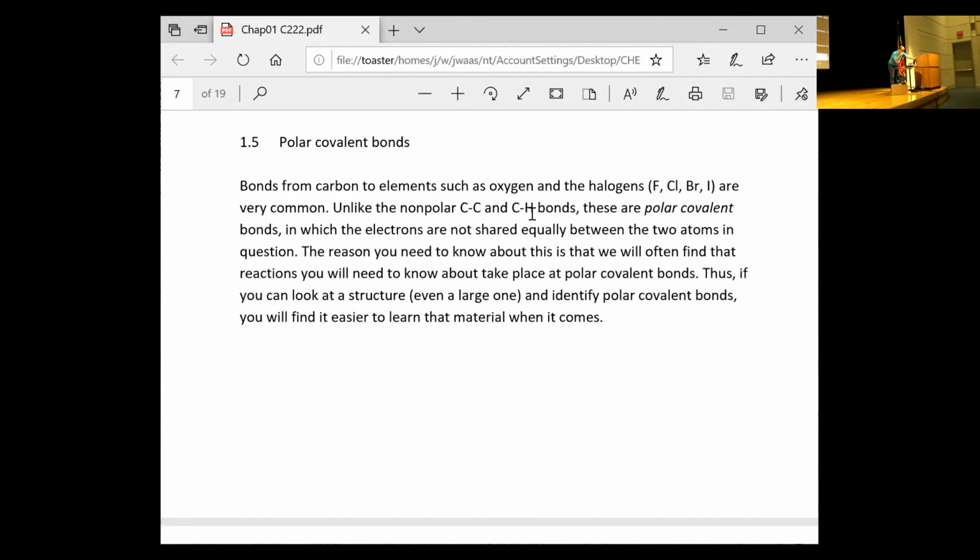So I don't think it's necessary to memorize exact electronegativity values. Now, that being said, I think being able to look at the periodic table and at least remember the trends for electronegativity is worthwhile. Don't bother memorizing any numbers, but I think it would be helpful for you to know that electronegativity increases to the right of the periodic table and it increases up the periodic table.